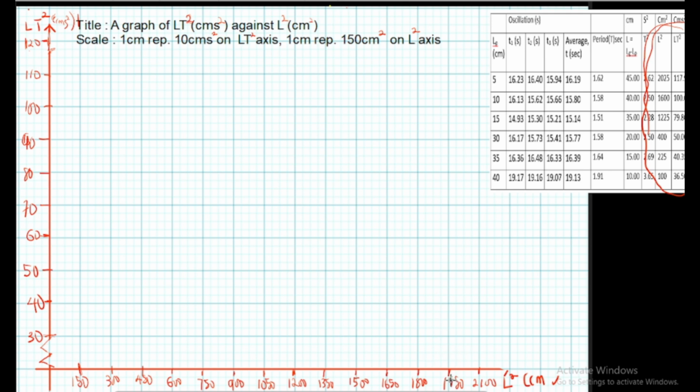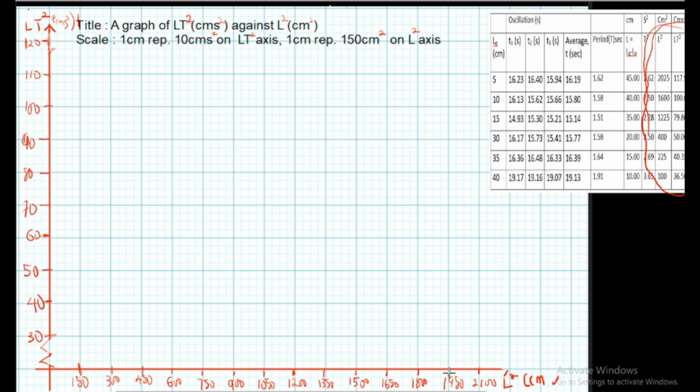And then on the horizontal we have 2025. Now 2025 will be between 1950 and 2100. And remember, our interval for the horizontal is 150. Now what's going to be the value of each small line? Again, assume we have 5 small boxes inside, so we divide 150 by 5, and that will give us 30. Now we want to get 2025.